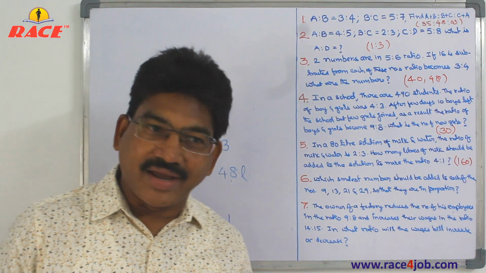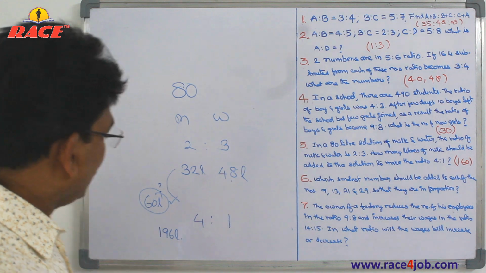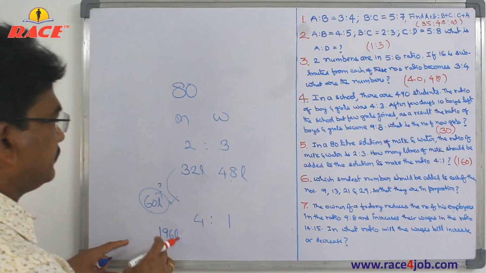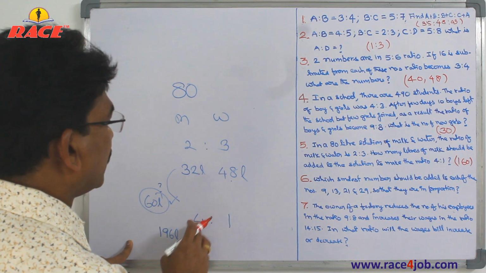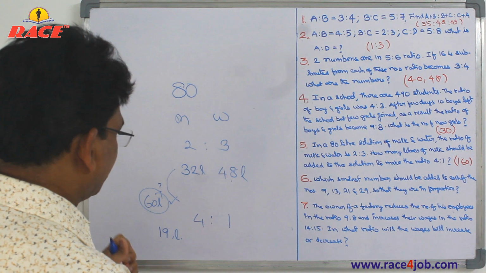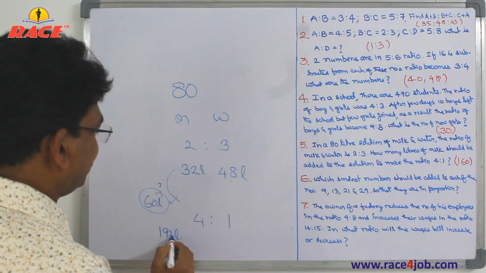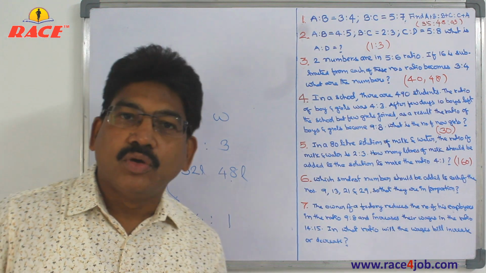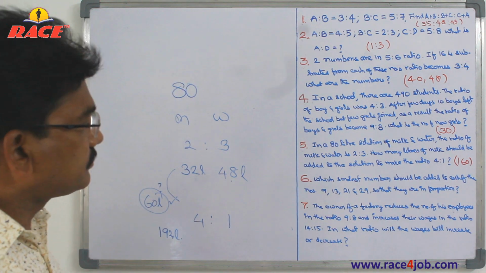One second. 32 liters. This is 192, not 196. 192 liters. Minus 32, 160 liters. Right? 48 into 4, 192. Right.